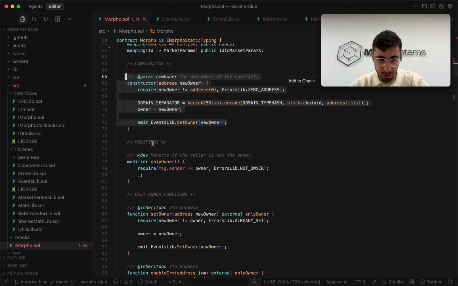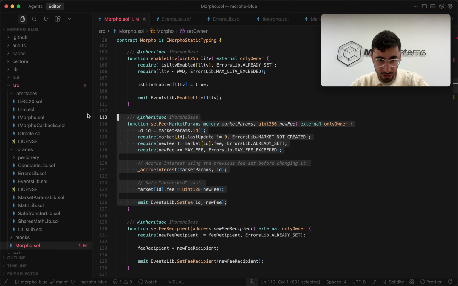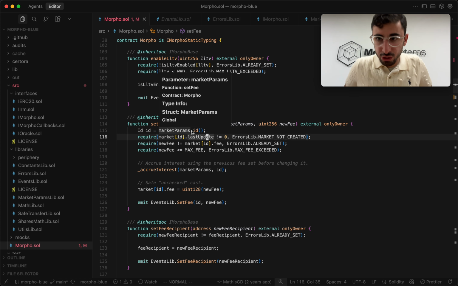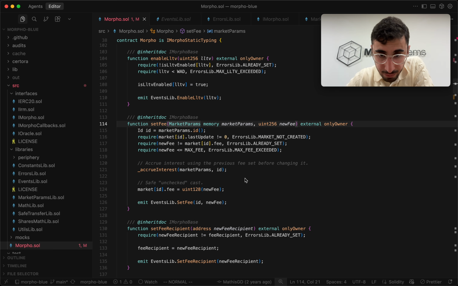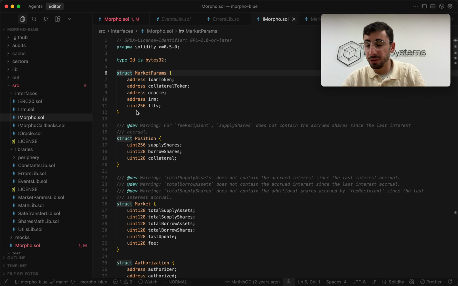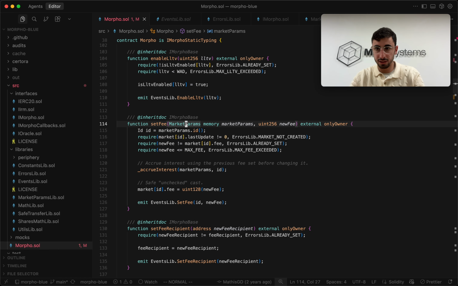Constructor, very simple, sets the owner, and you already have the set fee. Also an interesting choice they make here: instead of passing an ID of the market, this is going to be annoying for front-end people, because they are going to have to make sure they pass in the full market params struct.